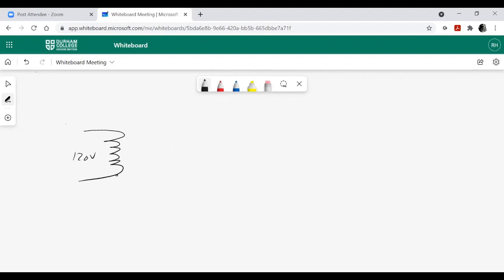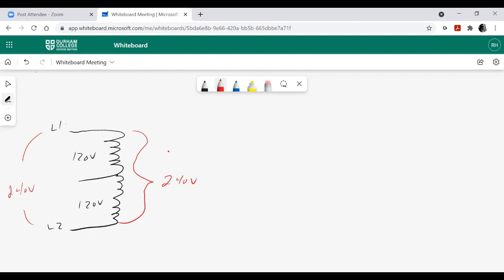I'm going to connect another one to it in series. So I've got one wire here and the other wire here. That is also a 120 volt winding. And what that does is give me 240 volts. Okay, so between line 1 and line 2, I've actually got 240 volts there.